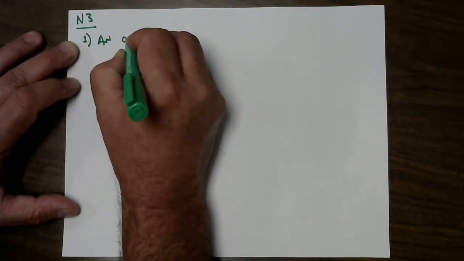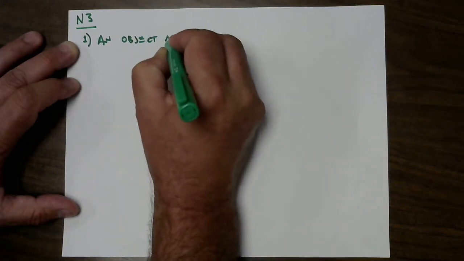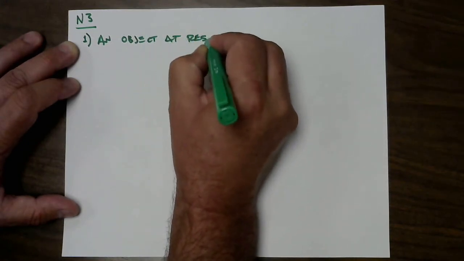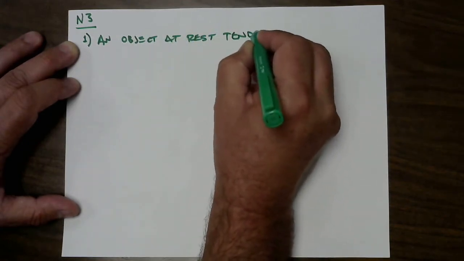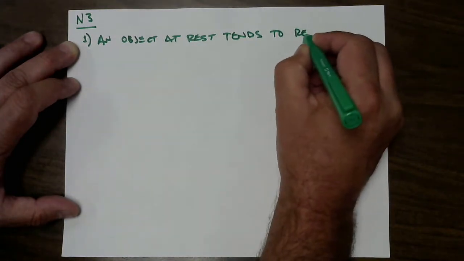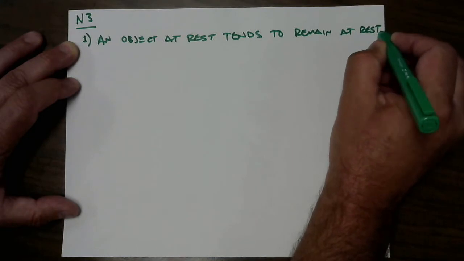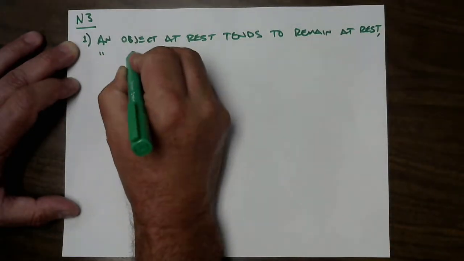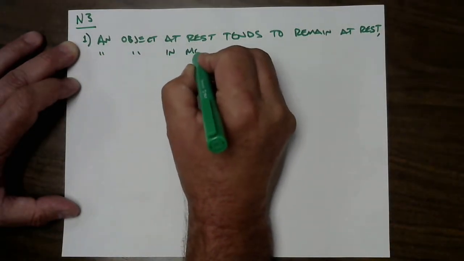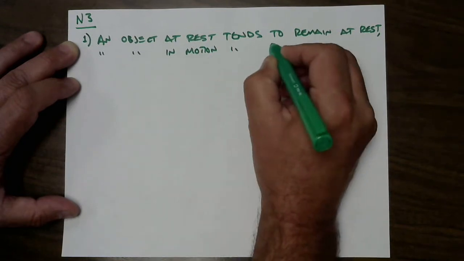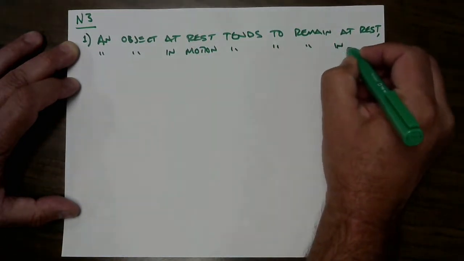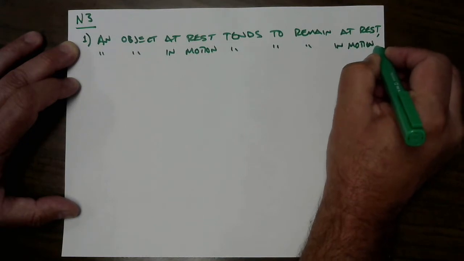an object at rest tends to remain at rest, comma, an object in motion tends to remain in motion, comma.